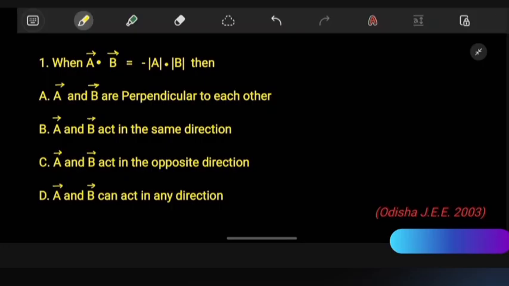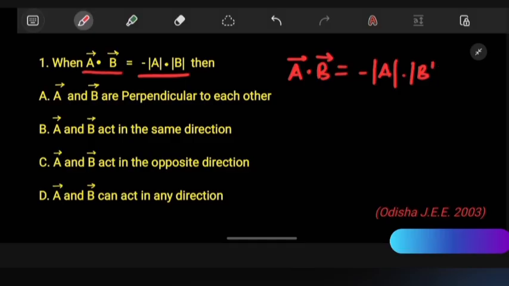So when a vector dot b vector equals minus mod a dot mod b, then which one will be correct? Okay, so we will simply do what we know, that is a vector dot b vector equals minus mod a dot mod b.